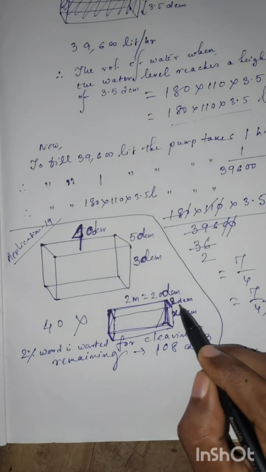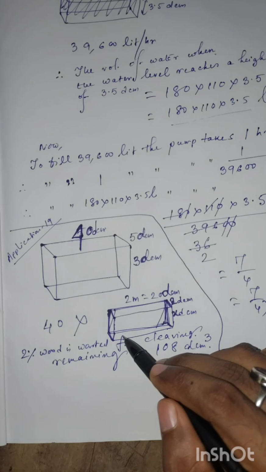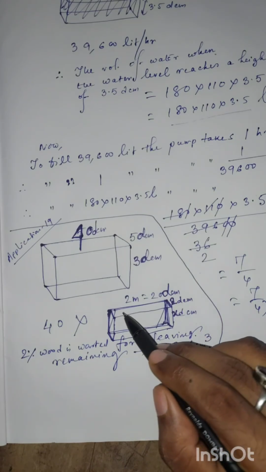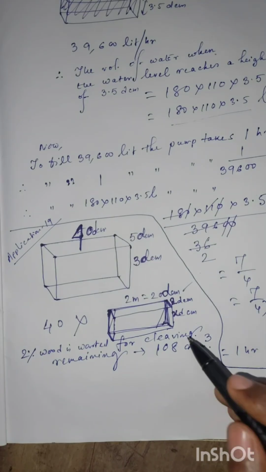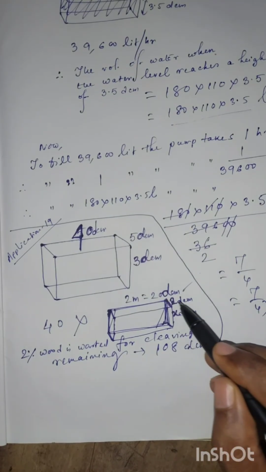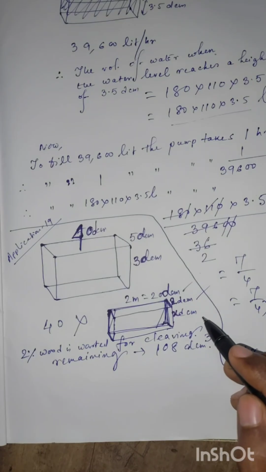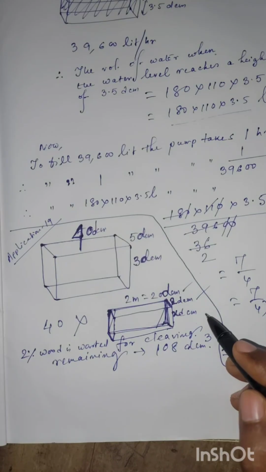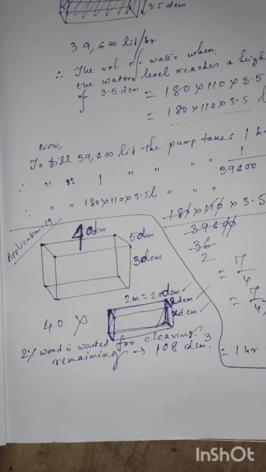And let us assume this is our wooden plank. The length of it is 20 decimeter, the breadth of it is 2 decimeter, and let us assume its thickness is x decimeter.